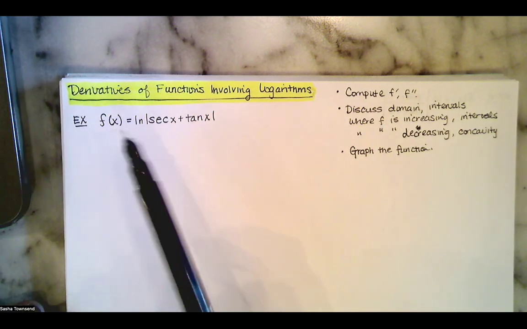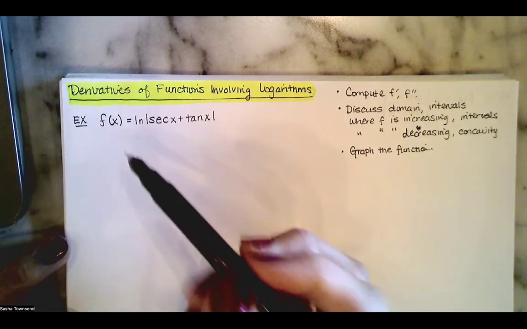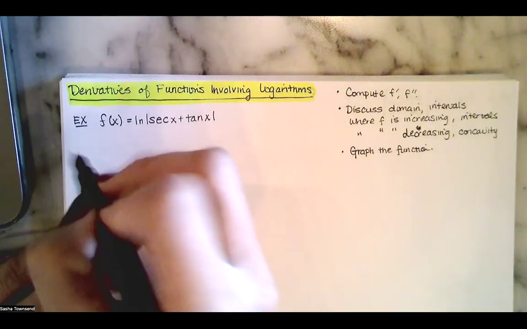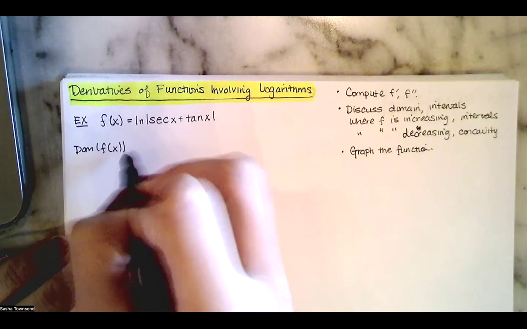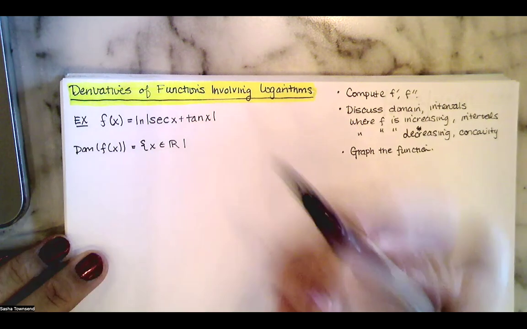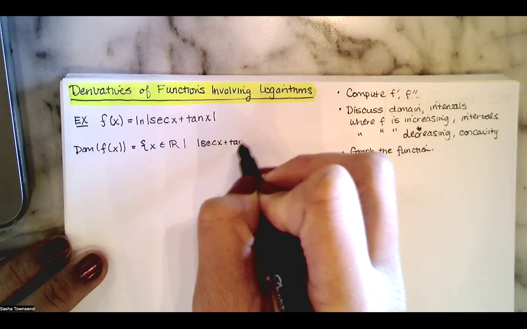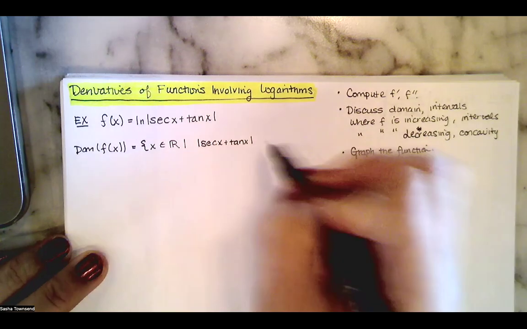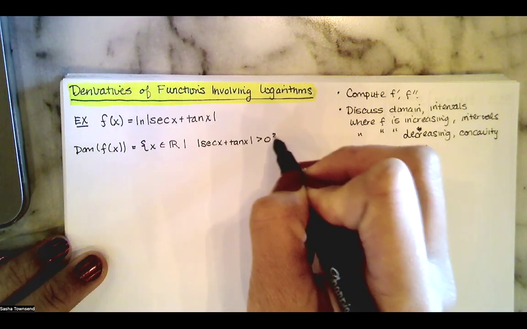And since we've got a logarithm, let's start by discussing the domain. We know that the domain of this function is the set of all x values where the absolute value of secant of x plus tangent of x is greater than 0.